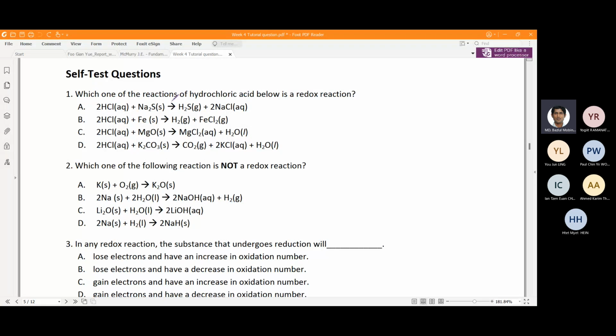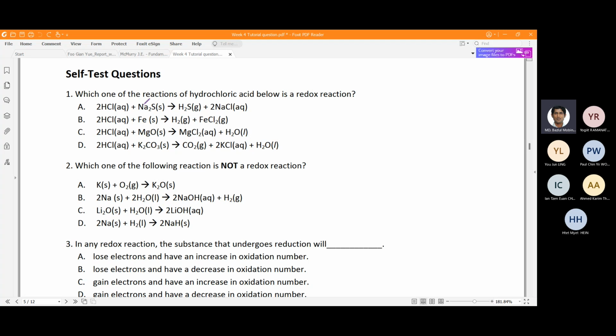Which one of the reactions of hydrochloric acid below is a redox reaction? That means not all are redox reactions. Why? Because they have not changed the oxidation state. In the first and second, probably the elements or molecules have changed, but the oxidation state is the same. So for A, HCl and sodium sulfide give H2S and sodium chloride.